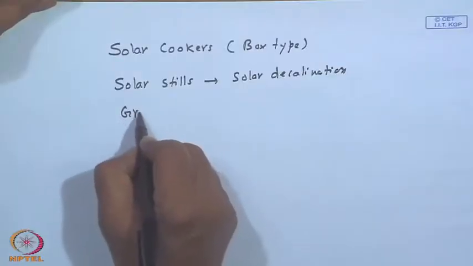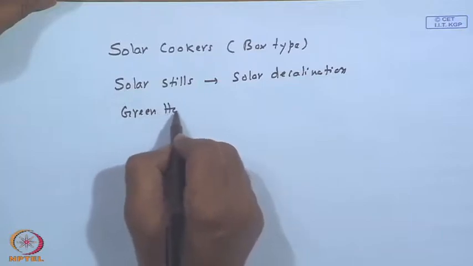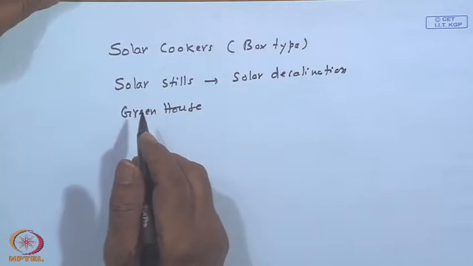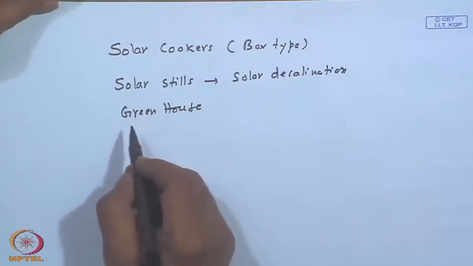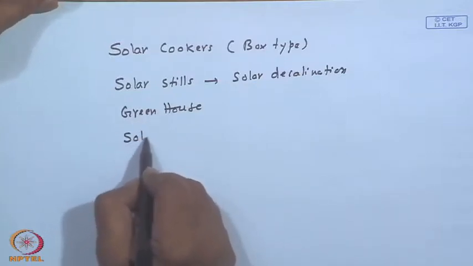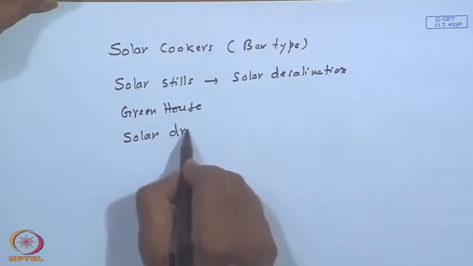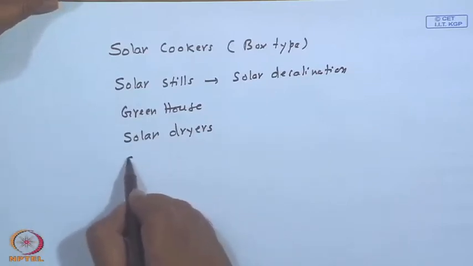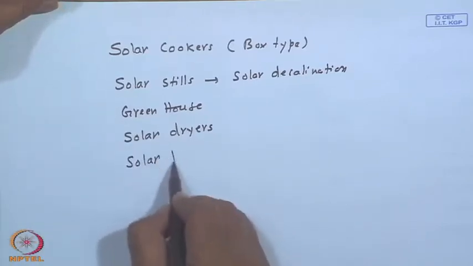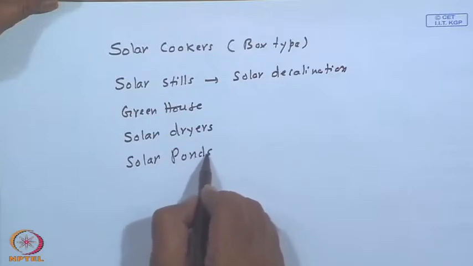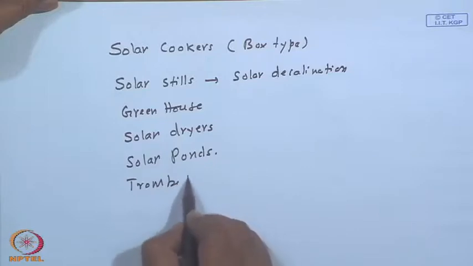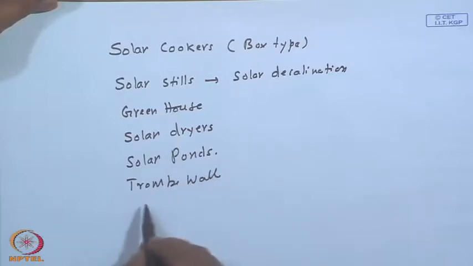Greenhouse. This need not be used only in the derogatory sense that there is a greenhouse effect and the climate has become hotter. Solar dryers. They can be active, they can be passive, and then solar ponds. Trombe wall. And a direct gain window.